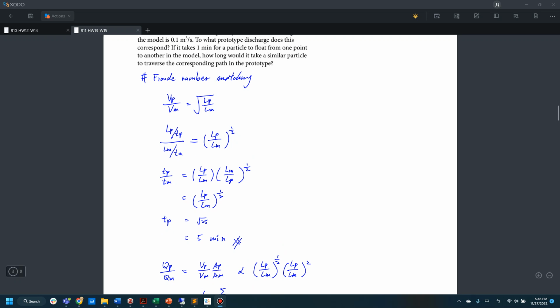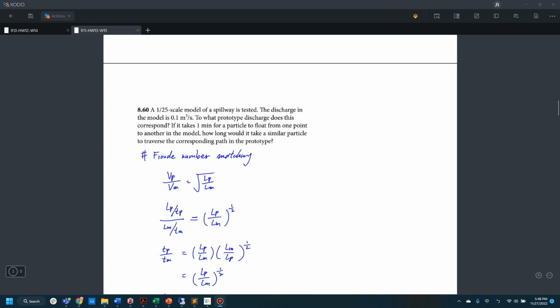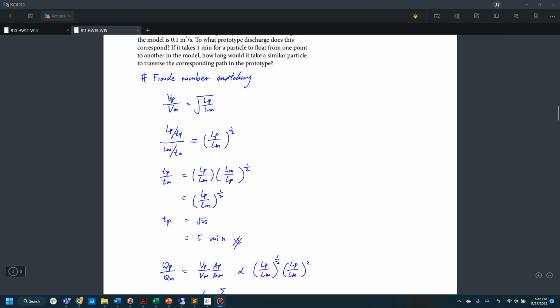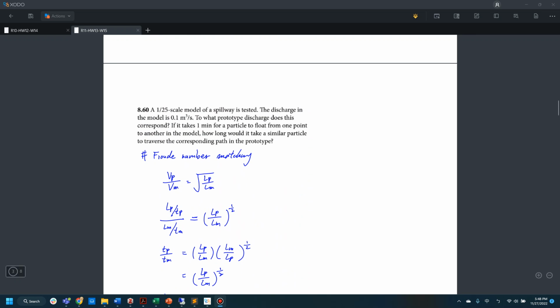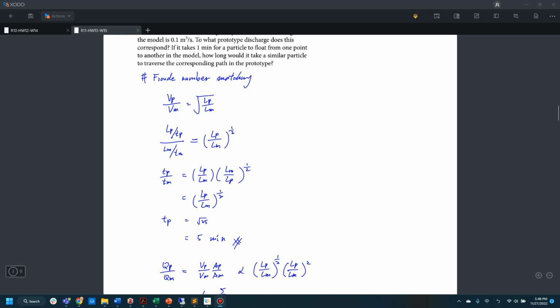So given the information that we have, which is the scale of the model and the discharge, for the first part of the problem we try to solve the prototype discharge, and the second one is the travel time.